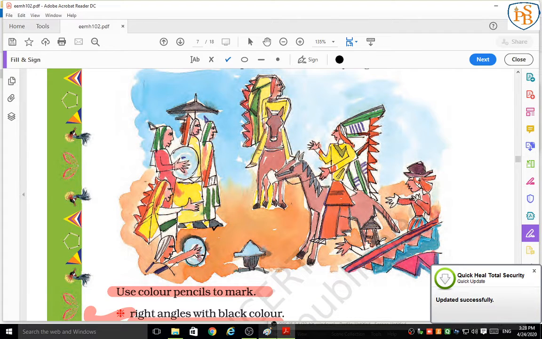Yes, correct. If we see the foot of that person, it shows a right angle, correct. As well as the angle between these fingers, it also shows a right angle. Right angle means 90 degrees, correct.